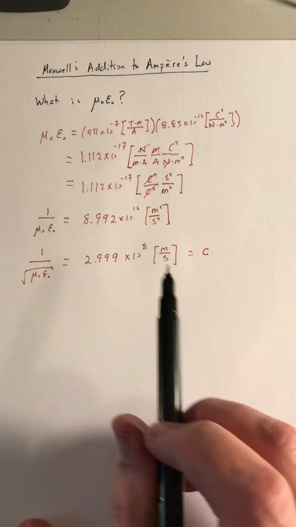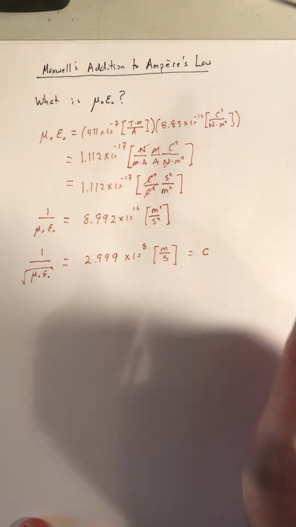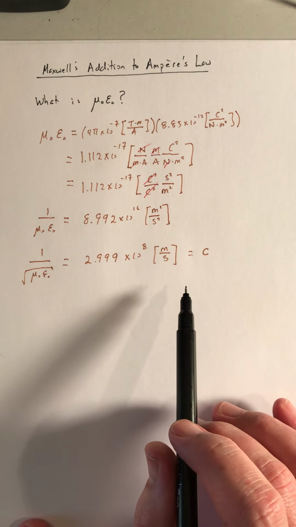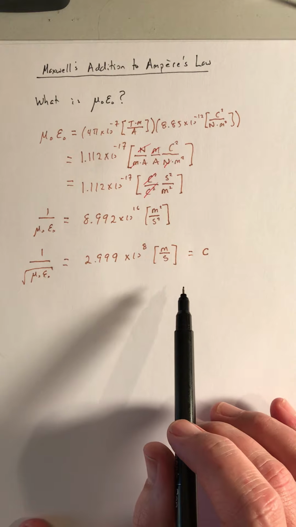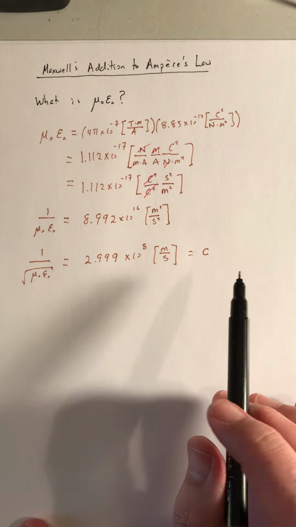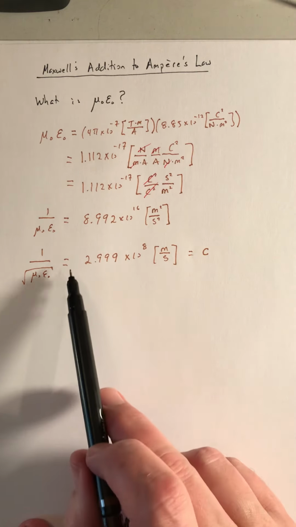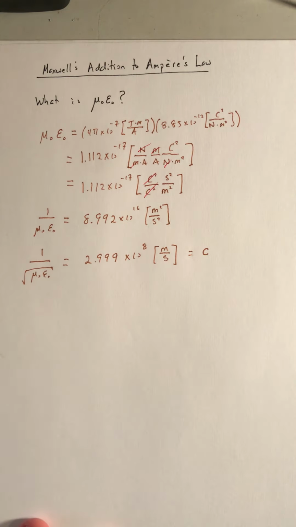So Maxwell's addition to Ampere's law is including a term for the rate of change of an electric field as part of the displacement current, and we have the speed of light squared in the equation as well.